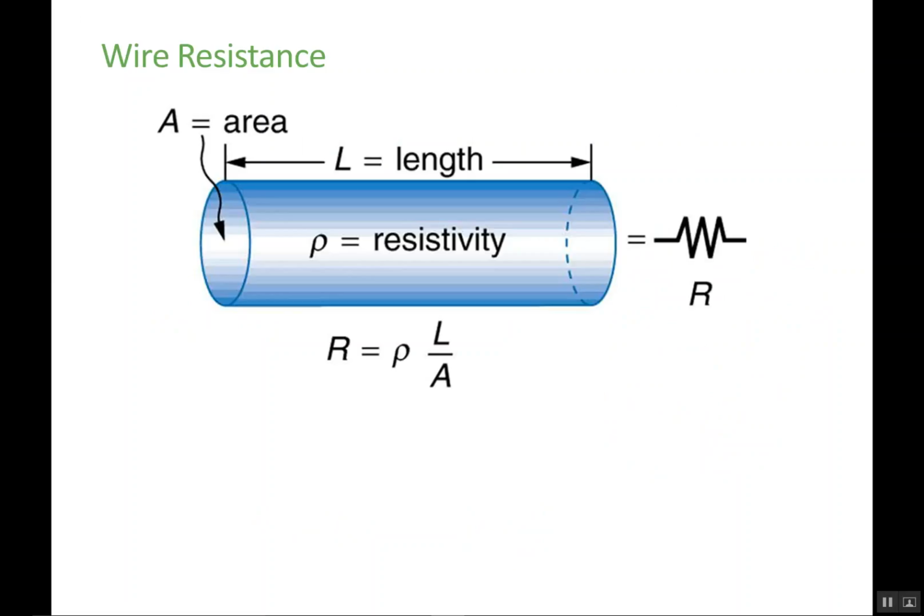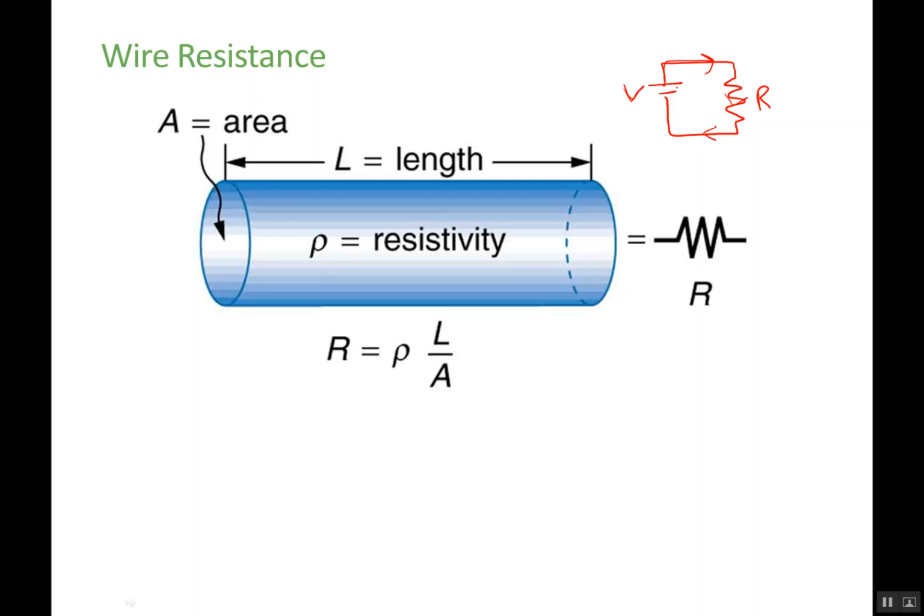In the previous slide, we envisioned a circuit composed of a battery, some wires, and a resistor. The resistor has resistance, the battery has voltage, and the current flows through the wires, the resistor, and through the battery.